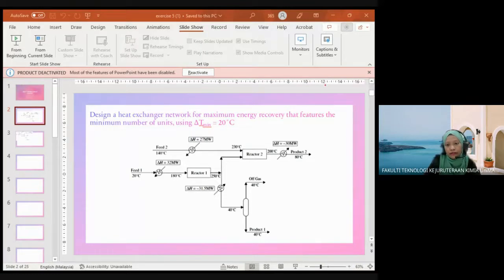Now, can you calculate what is the CP value? Using this equation, delta H equal to CP delta T, where CP is the specific heat capacity flow rate, flow rate times CP value. So to get CP, you divide delta H with delta T. Can you calculate? 32 divided by 180 minus 20, you get how much? 0.2.